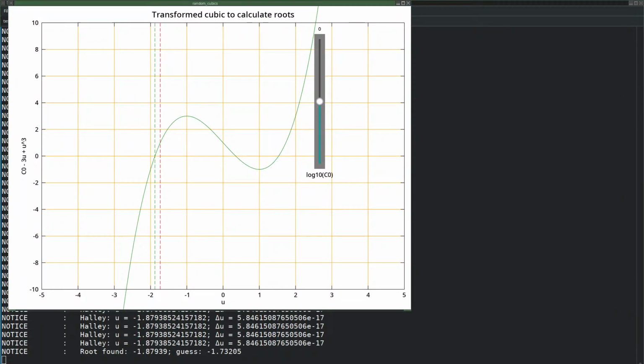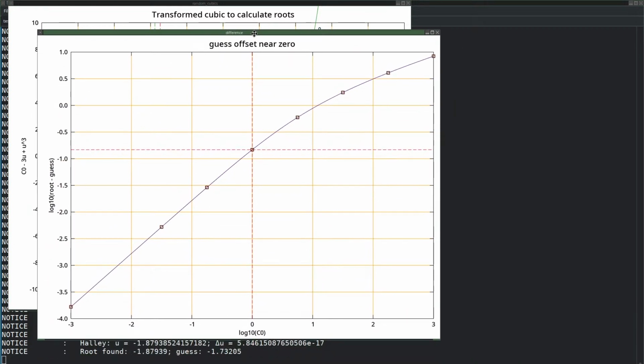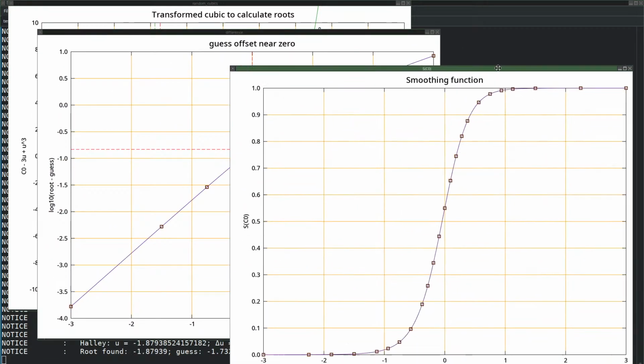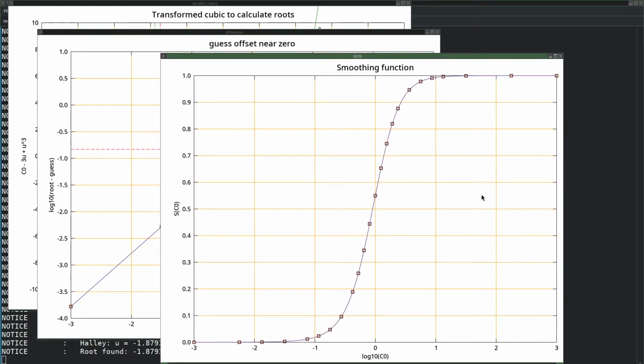The cubic, the offset, and the smoothing function that we need. That looks very symmetrical, very symmetrical. I love it.